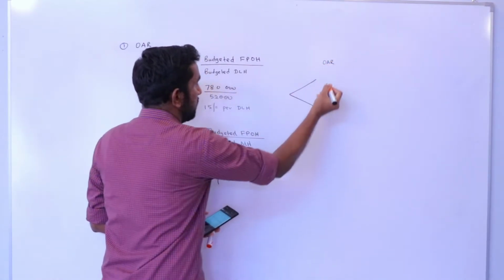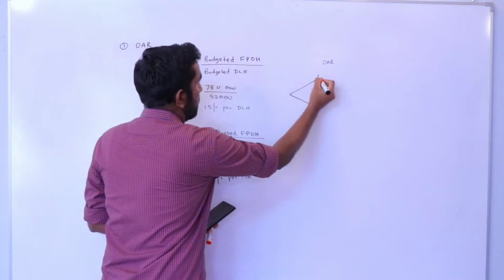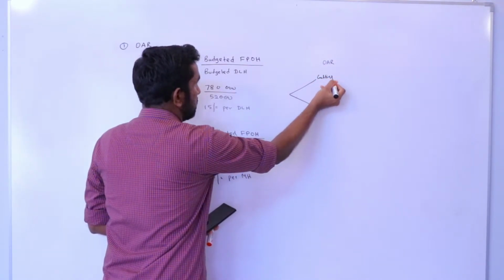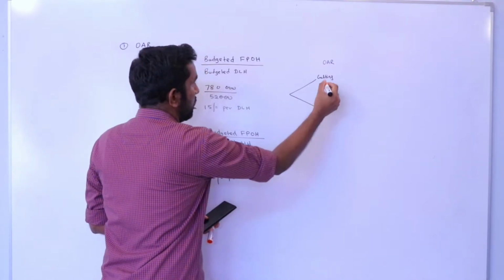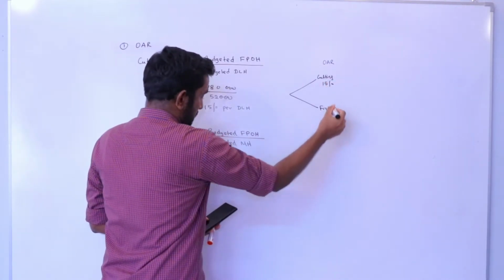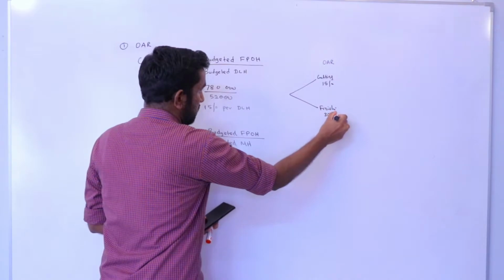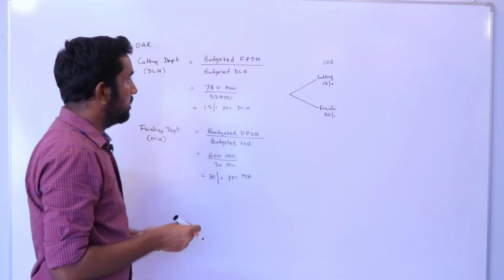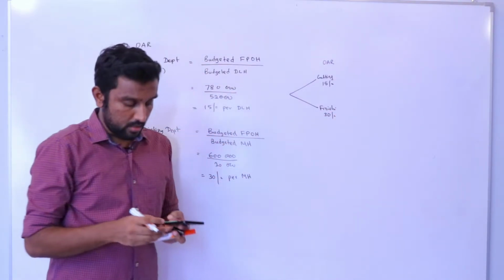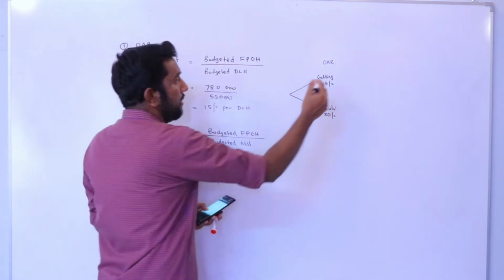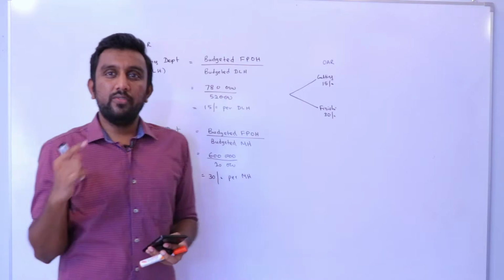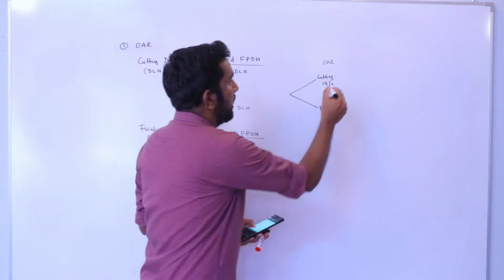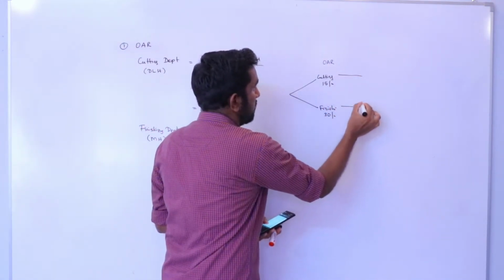So OAR, which is cutting department and finishing. I got 15 here and I got 30 here, right? So these are the OAR for the departments. Then I divide this into products. So in this question we have only one product, therefore I'll directly show only one line here like this, right?